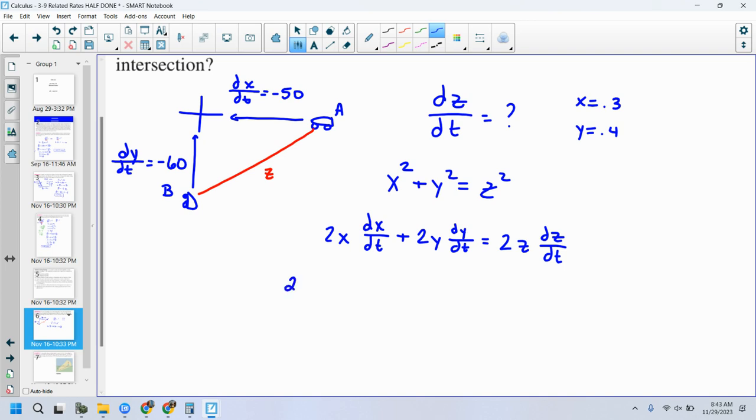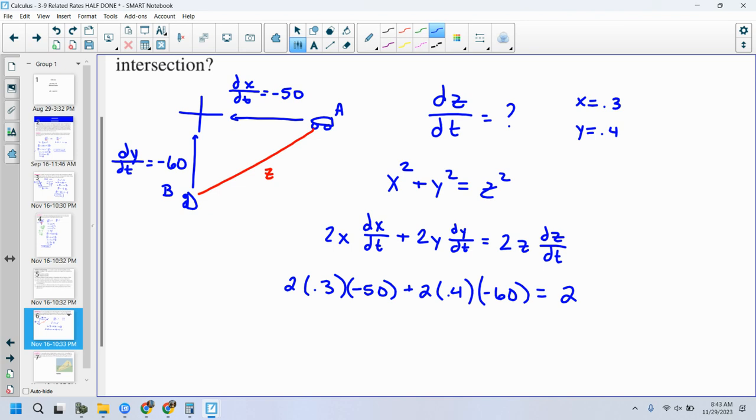Okay, so this is going to be 2 times 0.3 times negative 50 plus 2 times 0.4 times negative 60 is equal to 2 times, now how do we figure out what z is? Pythagorean again, right?